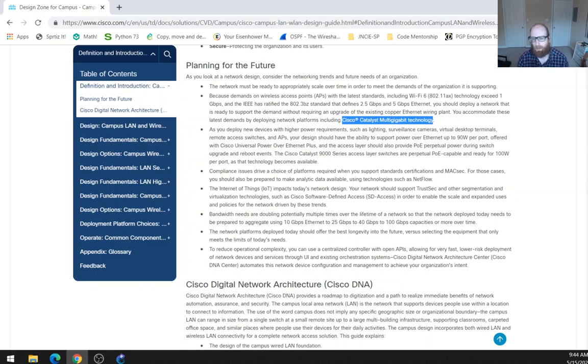The Cisco Catalyst 9000 series access layer switches are perpetual PoE capable and ready for 100 watts per port as that technology becomes available.